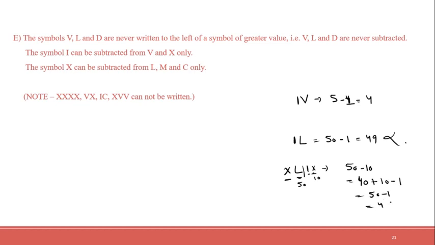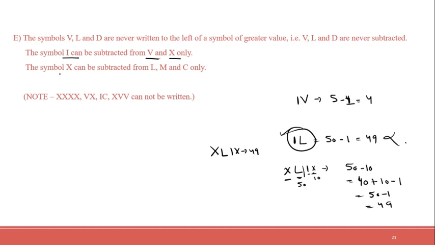So 40 plus 9 is 49. This is how we will write 49. This is the way to write 49 and not this. It is the wrong way because the rule says symbol I can be subtracted from V and X only. That means 1 cannot be subtracted from L, C, D and M.